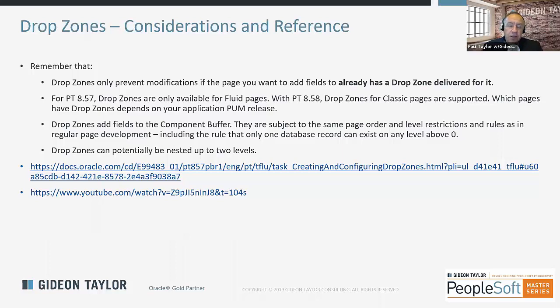That's why you want to use the custom table, because otherwise if you add fields to an existing table, you will have customized that table and it will impact your upgrade. So the goal is to use drop zones that are already provided on the page, and then put your own subpage in that drop zone to expose those fields to the user without modifying the delivered object. Thank you for the question.